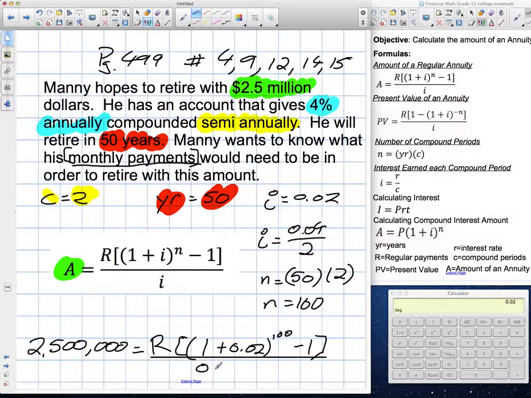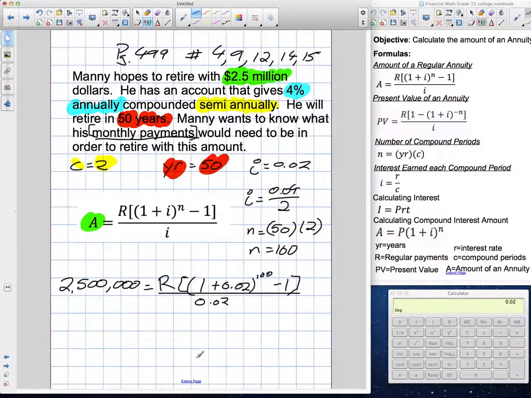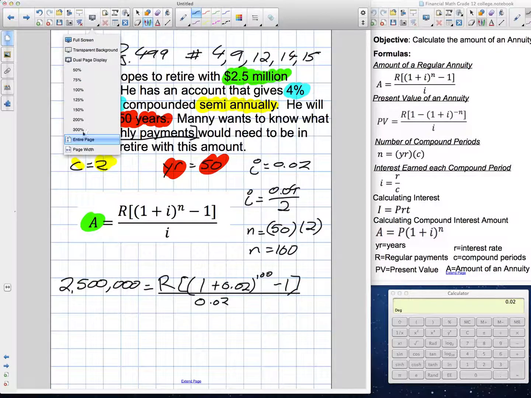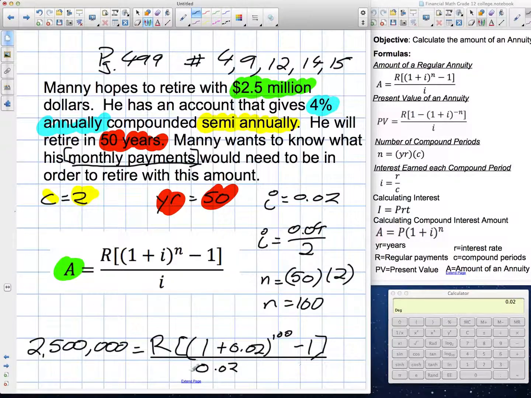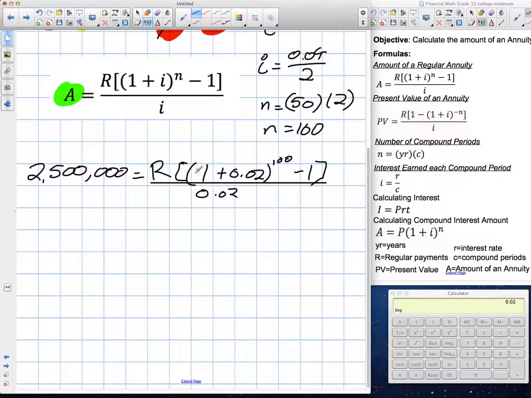0.02. Okay. Now the goal here is to actually isolate R. Just like in any other algebraic equation, we're looking for the variable. We're trying to find out what R is going to be in this question. So let's highlight that. We're looking for our R. So I need to move 0.02 to the other side of the equation to start. When I move 0.02 to the other side of the equation, what is it going to become?